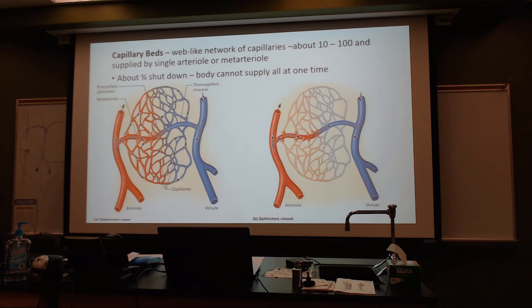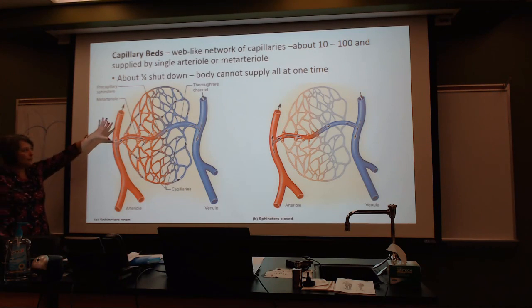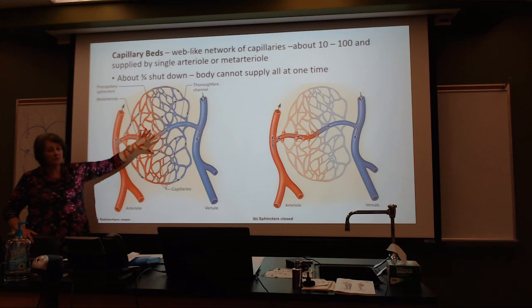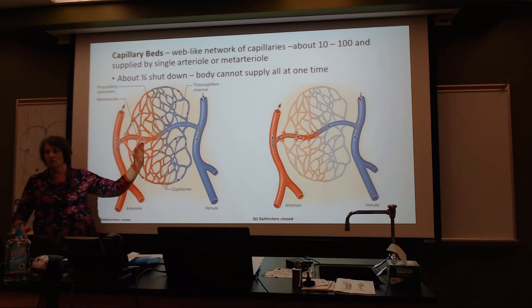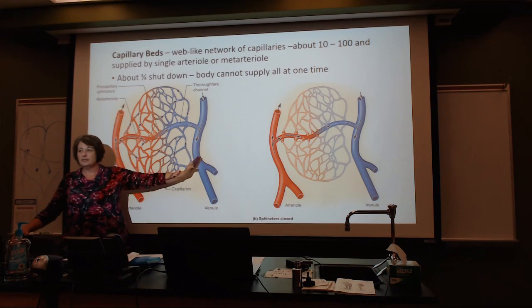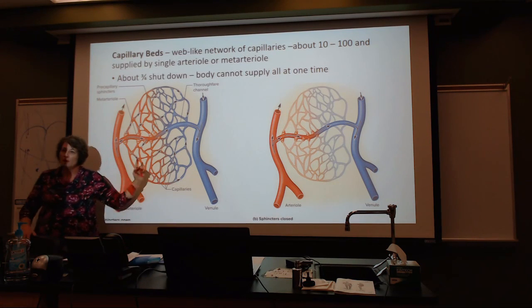This is some of the structure that I was mentioning for control of movement at the capillary bed. It's a web of vessels. One side is arterial, one side is venous.